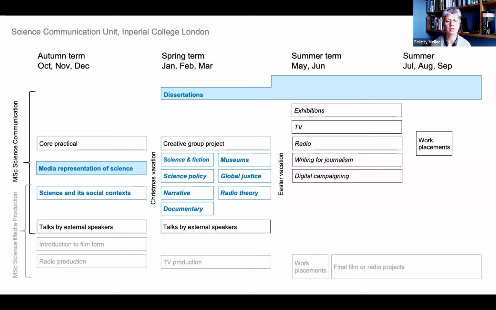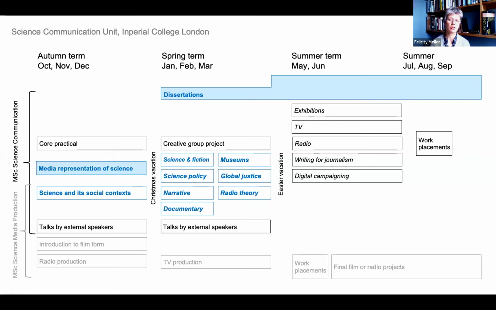I guess what I would say is, the dissertations are where their research skills come to the fore, and they write 10,000 words based on a project of their own choosing, and they have to work out what methodology is most appropriate to the question they're wanting to answer.